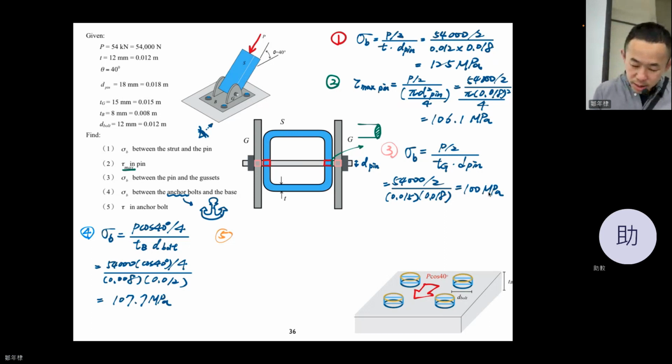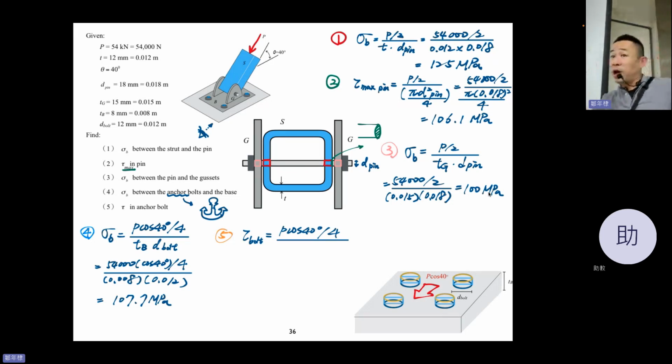Okay, and it directly tells you tau_bolt is p cosine 40 degree divided by 4, divided by the area of flow, but the area is parallel to the p cosine 40 degree.